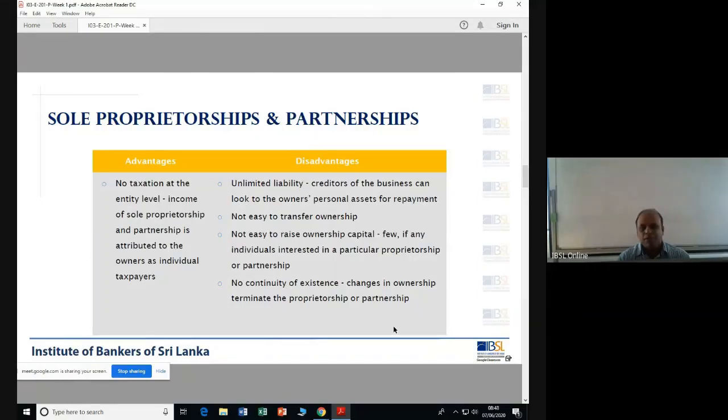But in terms of disadvantages, you can say unlimited liability, where, as I told you, the liability of this business could be very much for the owners, even in the case of sole proprietorship or partnership. And one other important point is that it is not easy to transfer ownership.